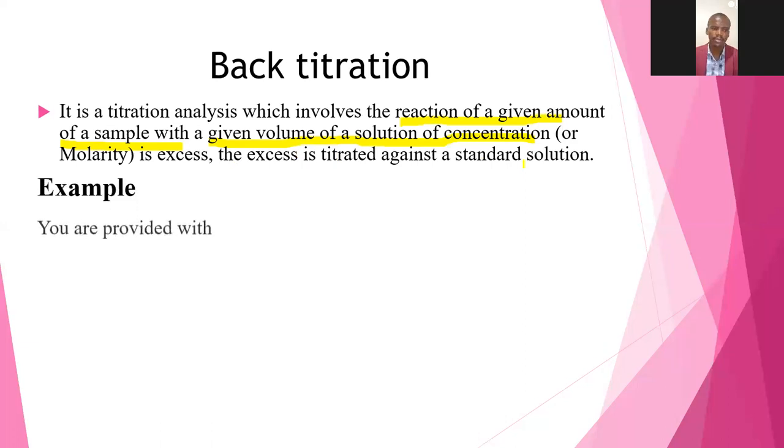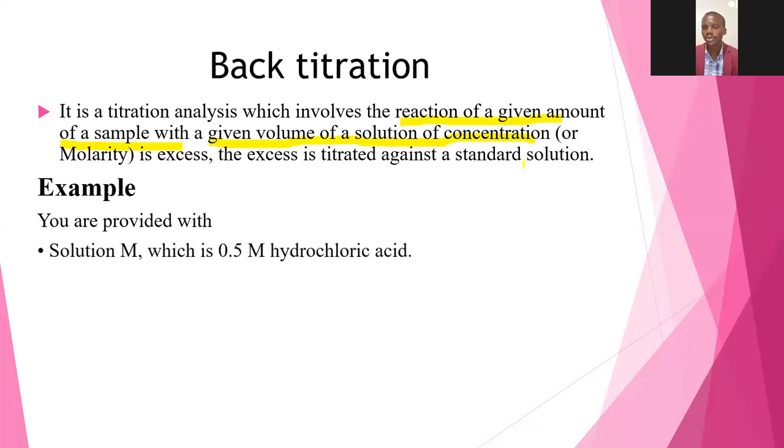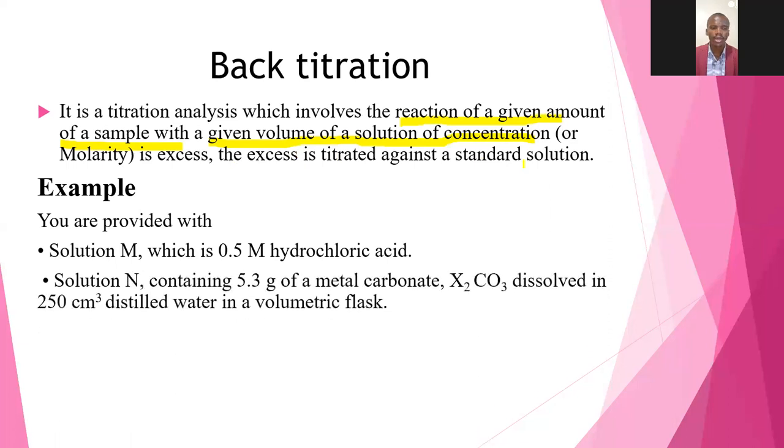First example: you are provided with solution M, which is 0.5 molarity of hydrochloric acid. We have solution N containing 5.3 grams of a metal carbonate, that is X carbonate, dissolved in 250 cm³ of distilled water in a volumetric flask.